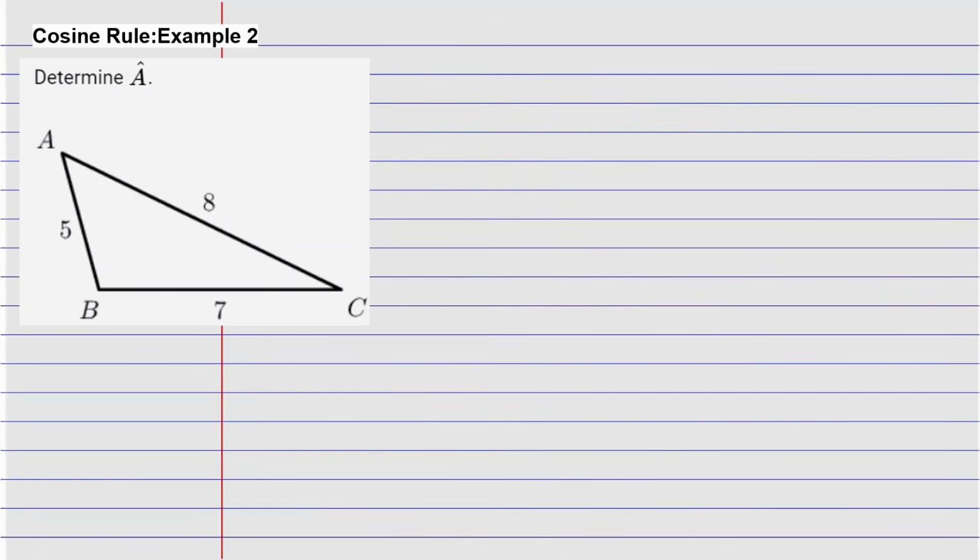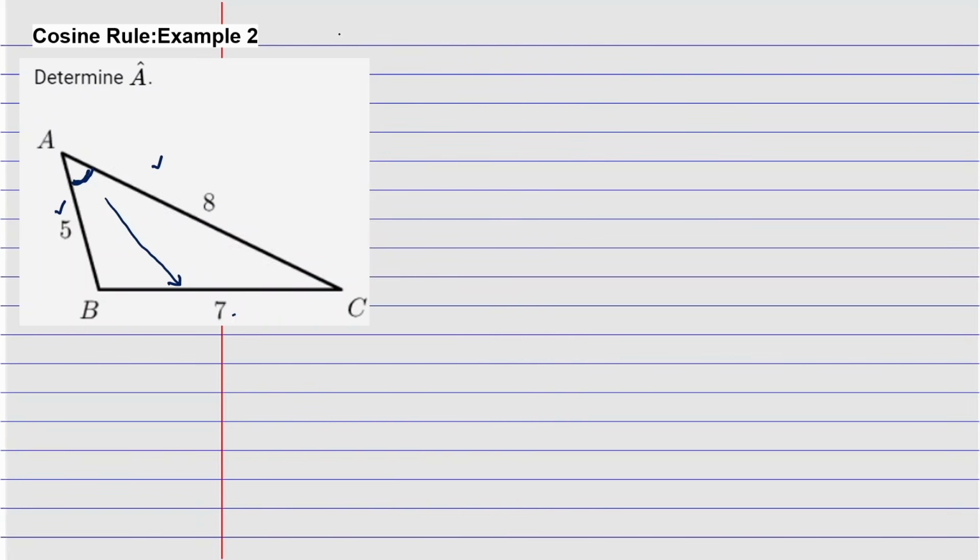Now it says we need to solve for angle A. Angle A is here. The side that is related to angle A is this one, and the nice thing is they gave us all the sides. Since we're looking for angle A, the two sides that are added are these ones, but the one that is related to it is this one. So our equation needs to start with the side that is opposite to the angle we want.